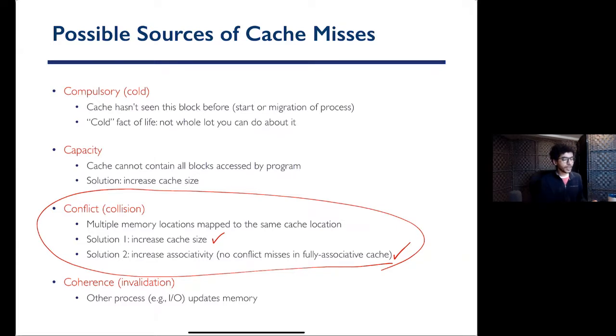Now, the other ones: the first one is compulsory. These are the cache misses that happen when you start using an address that you haven't seen before. Obviously, if you haven't seen an address before, the chances are high that you cannot find it in your cache because you haven't needed it in the past. These are called cold misses as well, and there is usually not much we can do.